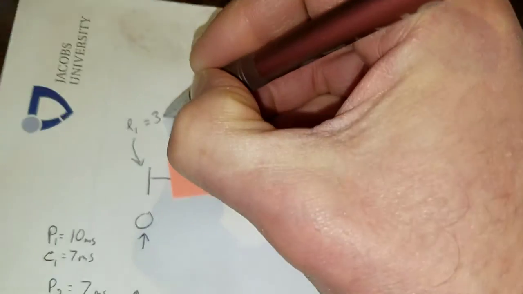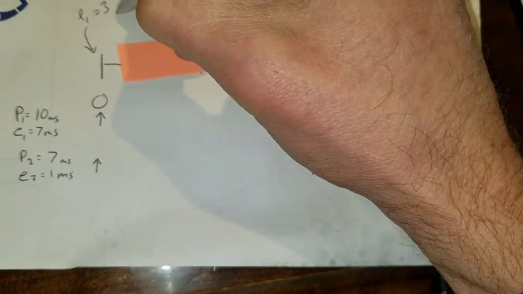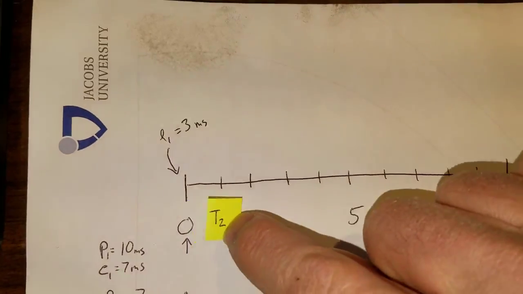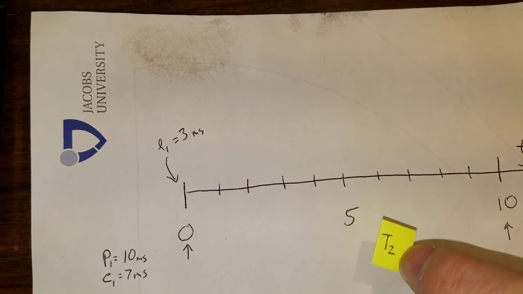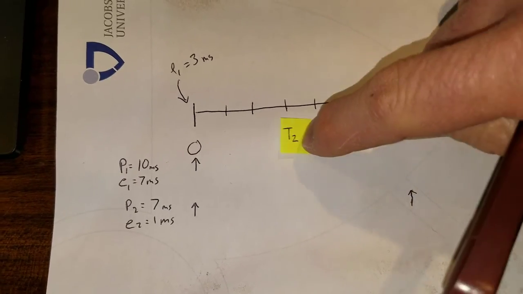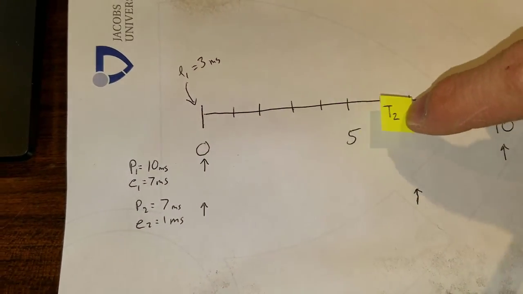Likewise, for task T2, its deadline is here at 7 milliseconds, but it can fit anywhere in here.